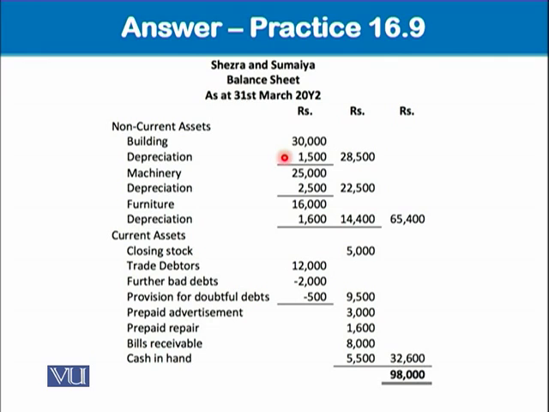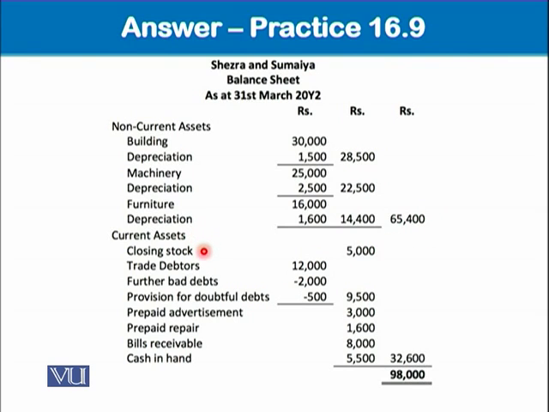So this accumulated depreciation will be subtracted. We'll get 28,500. Machinery we are taking from the trial balance and depreciation from the adjustment. Balancing figure 22,500. Furniture in the same way. So altogether total non-current assets are 65,400.